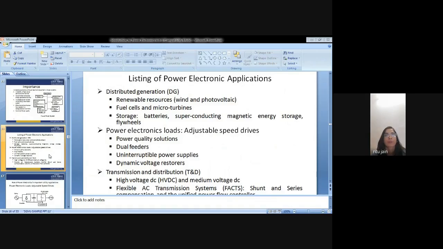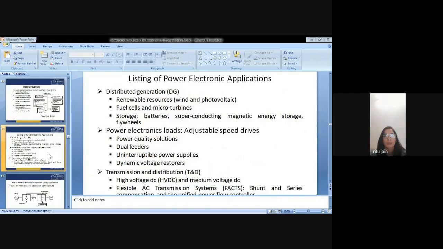In a photovoltaic cell there is a solar plate, which is made of power electronics components, the PN junctions. What is a PN junction? A PN junction is a power electronics component. These are diodes. Next are fuel cells and micro turbines.